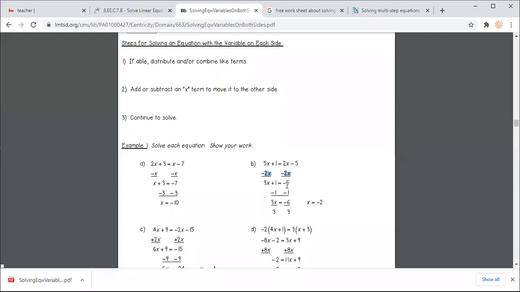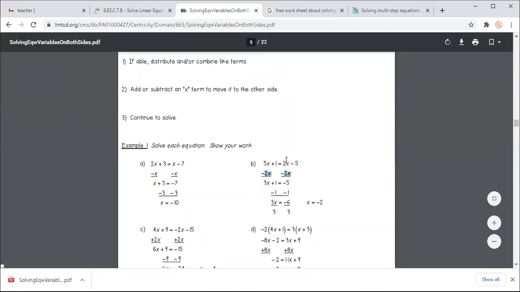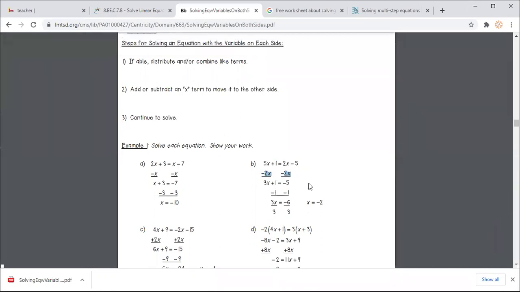Then I will start to simplify. 5x minus 2x will be 3x. And then 2x and negative 2x, 0. And we will drop down negative 5. Now it becomes a one-step equation.